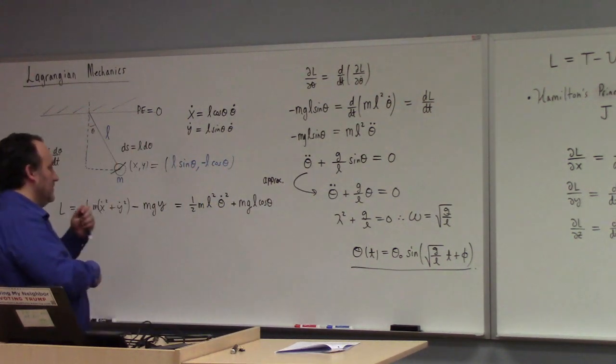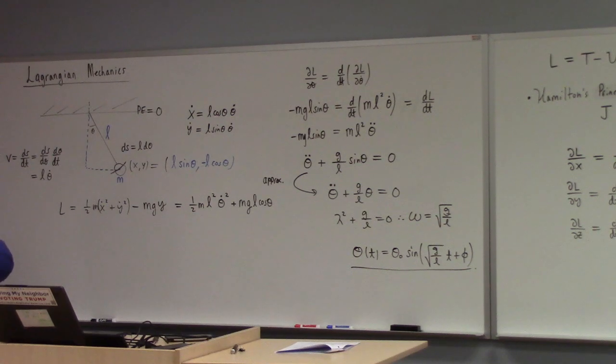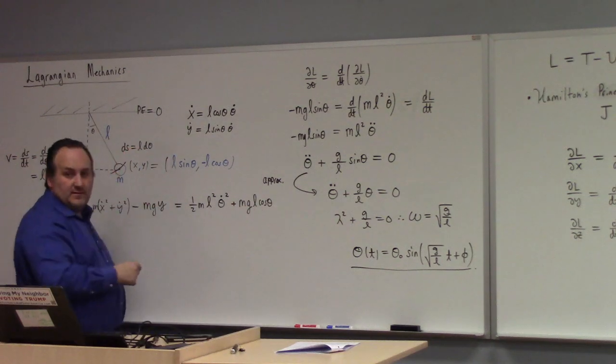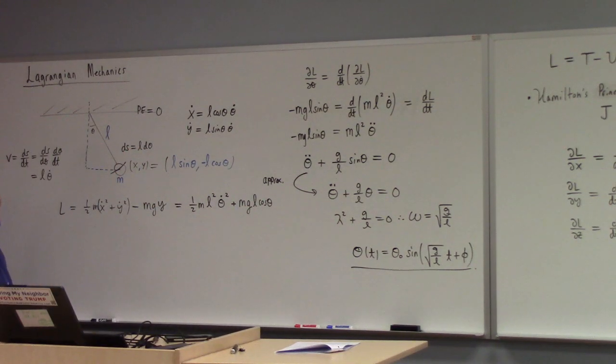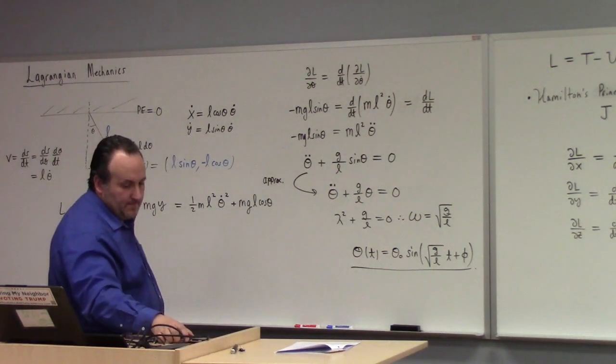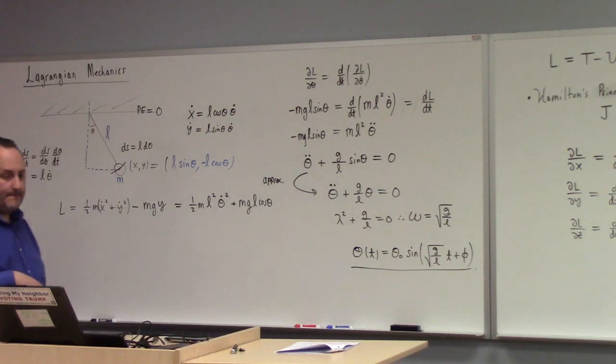I'm not seeing it. But it's partial L partial theta dot. Are you saying there should be something from the partial L partial theta dot? We calculate partial L partial theta dot. The thing inside the brackets is L.